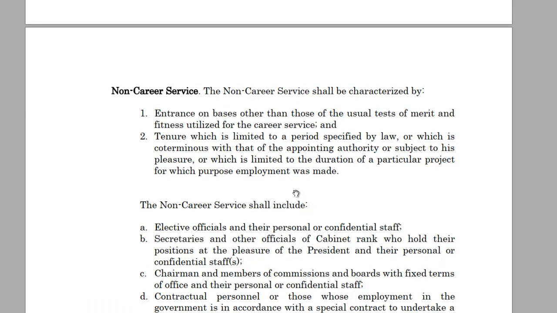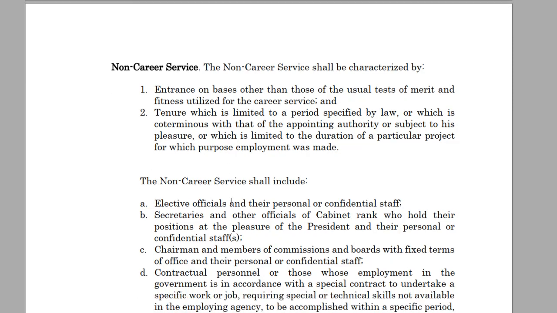Ibig sabihin, unlike doon kanina sa career service, kailangan mong pumasa halimbawa ng sub-professional, civil service sub-professional examination, or civil service professional examination. So bago ka ma-permanent sa gobyerno, kailangan mo munang mapasa ang ganong klaseng examination.